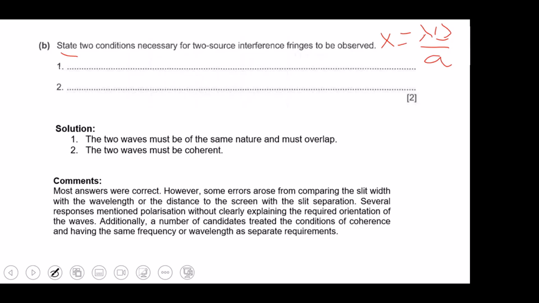Coherence is having a constant phase difference, right? Some of them mixed up, they thought they have the same frequency or wavelength as separate requirements. So this is something, conditions that I think we can do our part. Just make sure you know a few conditions for Young double slit for two source interference to be observed.